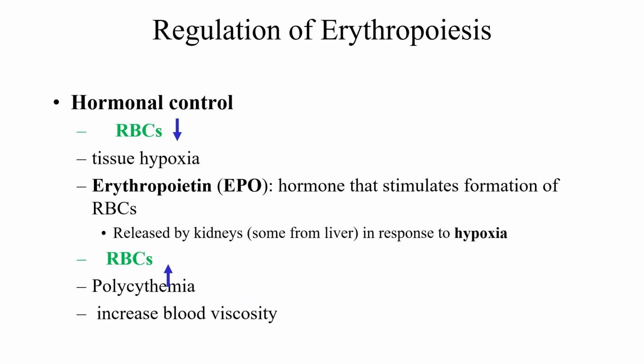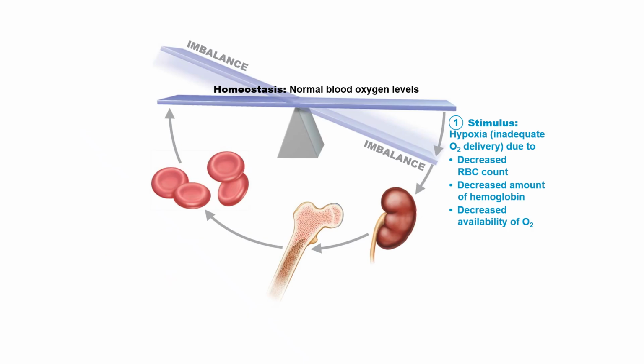Because if not, we could have a situation where we have polycythemia, where we just have an abundance of red blood cells, which makes the blood much thicker, so it increases the blood viscosity, and could lead to some issues with efficient gas transport.